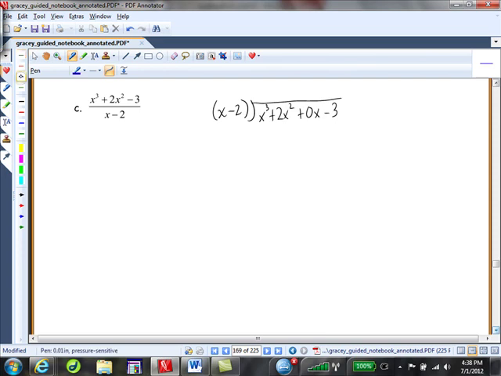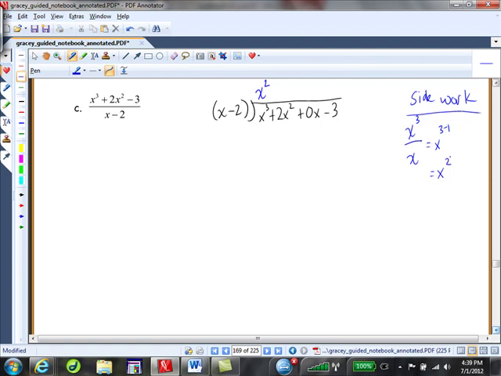Okay, let's see how you did. Again, I'll verbalize it and then we'll show the side work. So x times what equals x cubed? Good. You would have x times x squared equals x cubed. If you have issues with that, just do your side work. The first term of the dividend, x cubed, divided by the first term of the divisor, x, gives us x to the 3 minus 1, which is x squared.